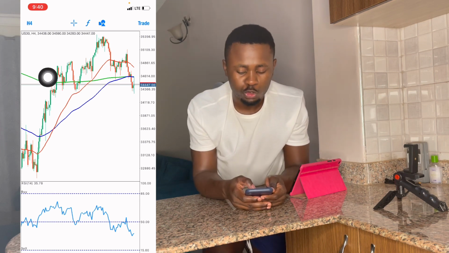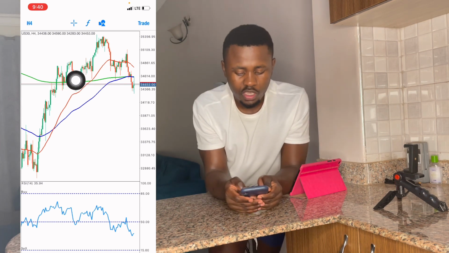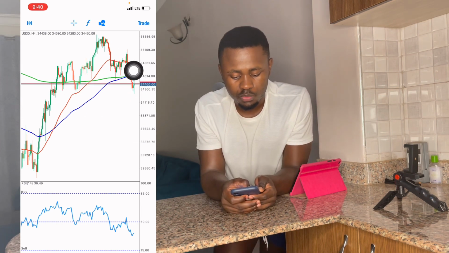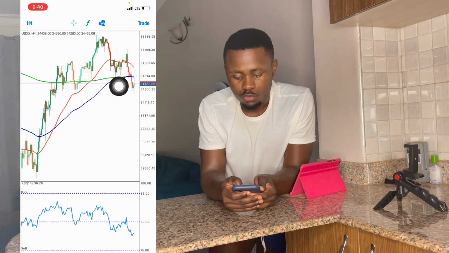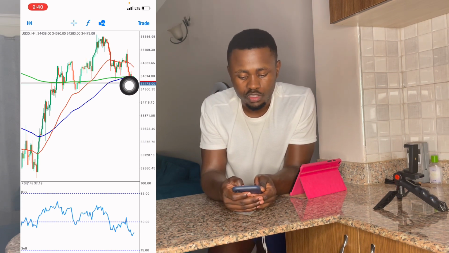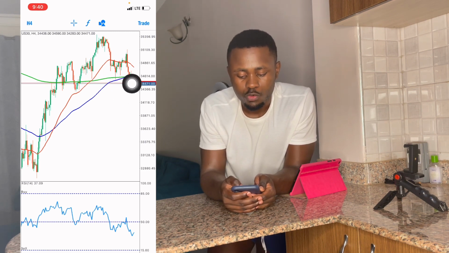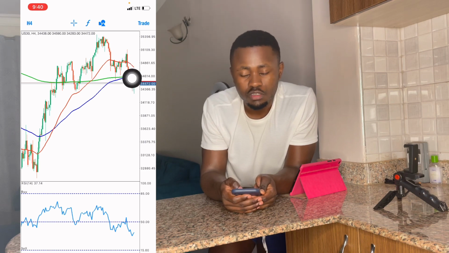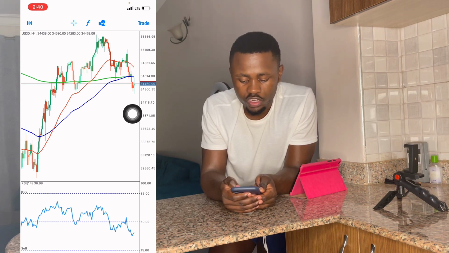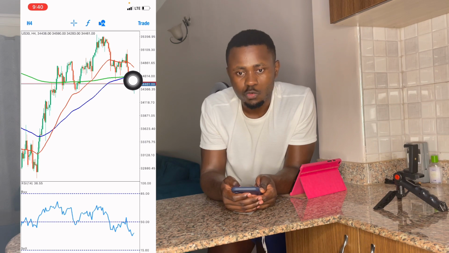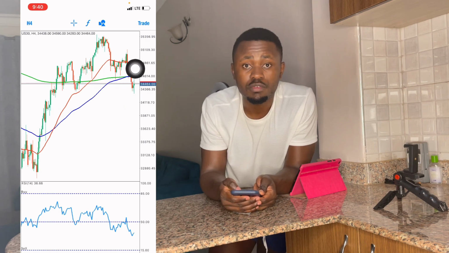Then how do you know that the market is going to reverse? As you can see, the 200 smooth moving average crossed the red and is now crossing the blue. The red is the 21 moving average, and the blue one is the 50 moving average. So when the green one, which is the 200 moving average, crosses both the red and the blue one, it means we have a reversal to the downside.